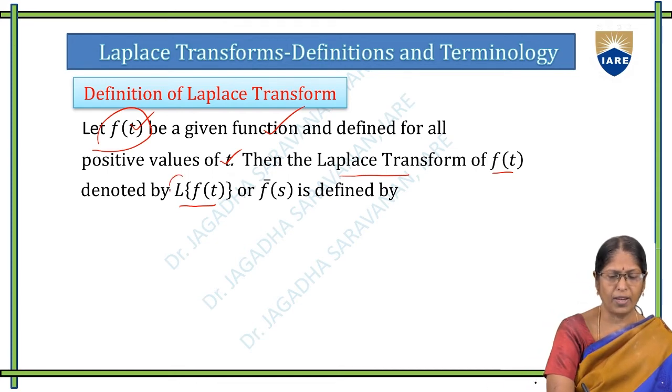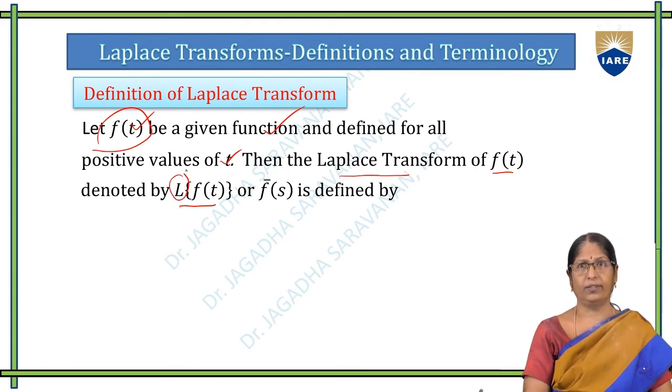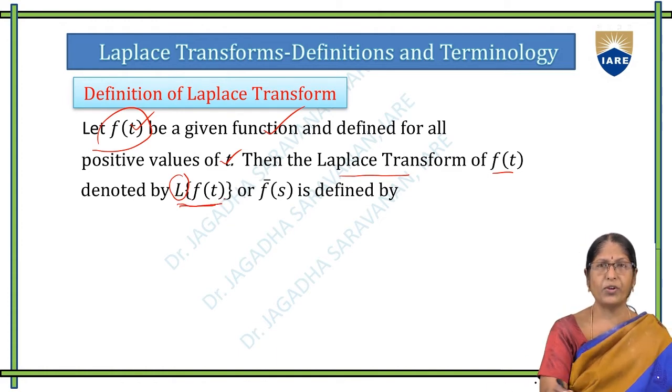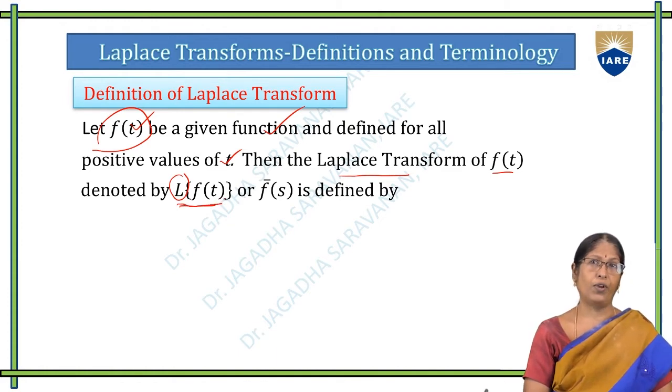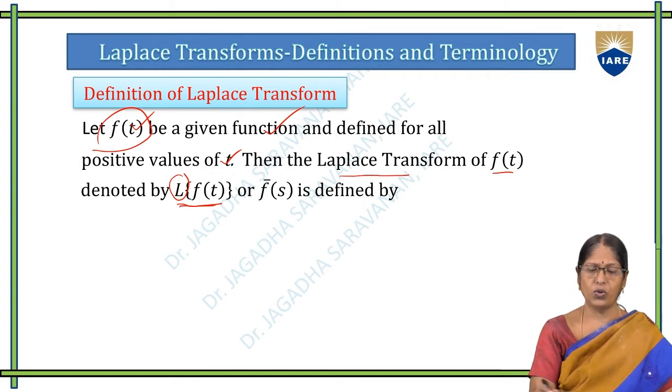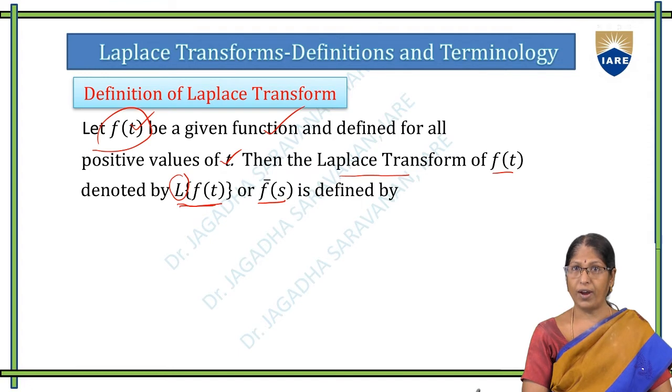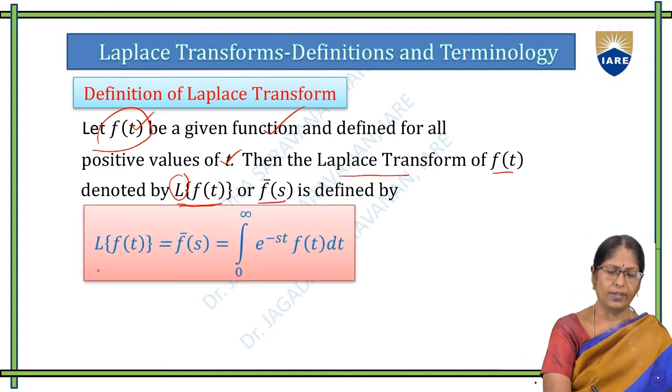Here, the capital L represents the Laplace transform of the function f of t. Mathematically the notation is capital L of f of t, and we read it as Laplace transform of the function f of t. Otherwise, it is denoted by f bar of s.